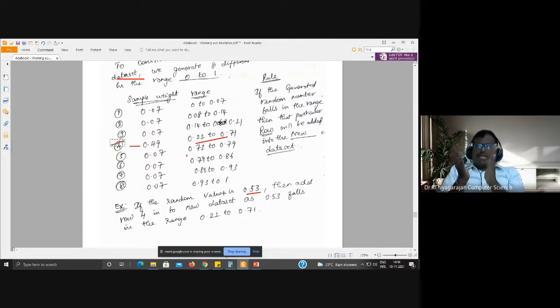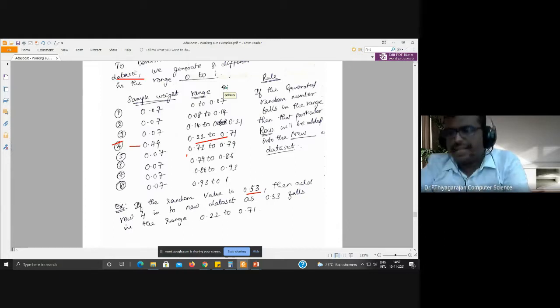We generate random numbers in the range from 0 to 1, and each random number generated should be mapped with the range. So I'm asking you a question: which row will occur in the new data set with high probability?